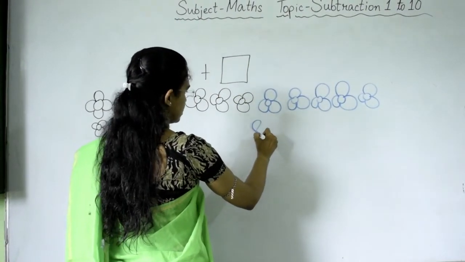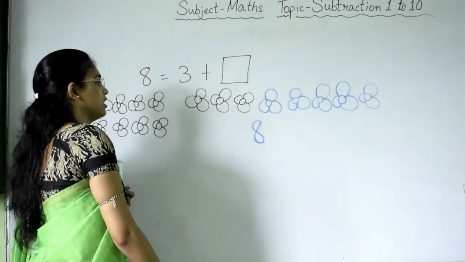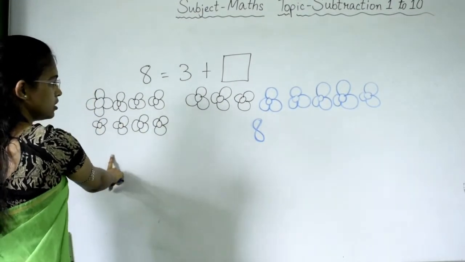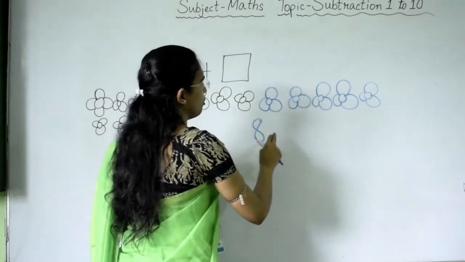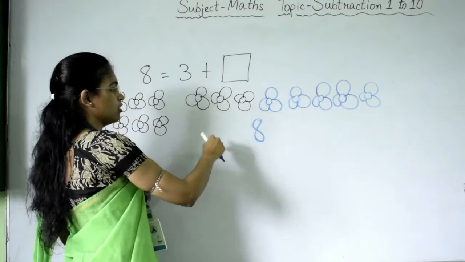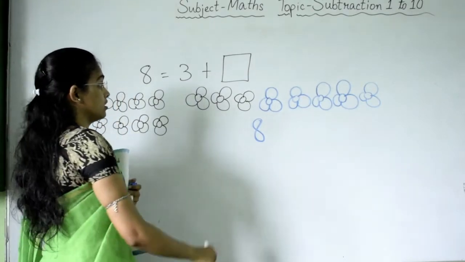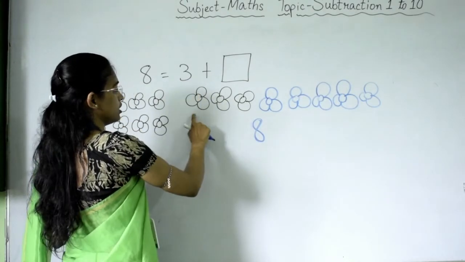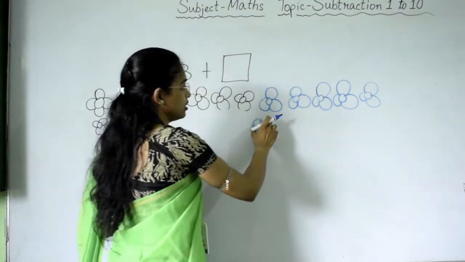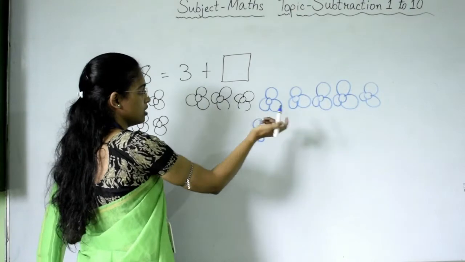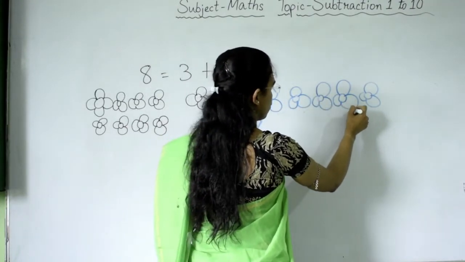Now we have got the answer 8. Now in this side we have already 8 flowers. Now after adding how many flowers with these 3 flowers do we get the same answer? Yes, 3 flowers. We have already 3 flowers. And how many flowers do we have to add with these 3 flowers? 1, 2, 3, 4, 5.